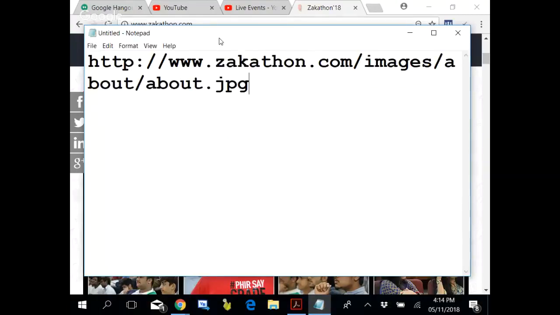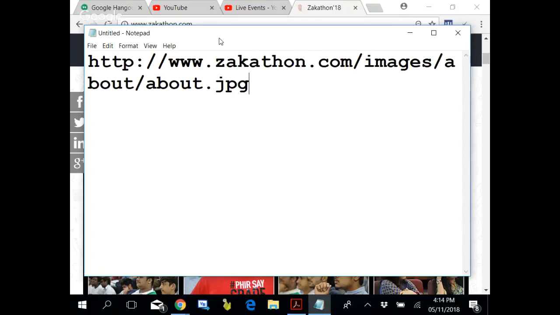It is not domain name, it is not zacathon.com, that is domain. What we are actually talking about is what we wanted to download. So what is resource? About.jpg. The whole address from HTTP, मतलब internet से लेके to the file which we need to download.